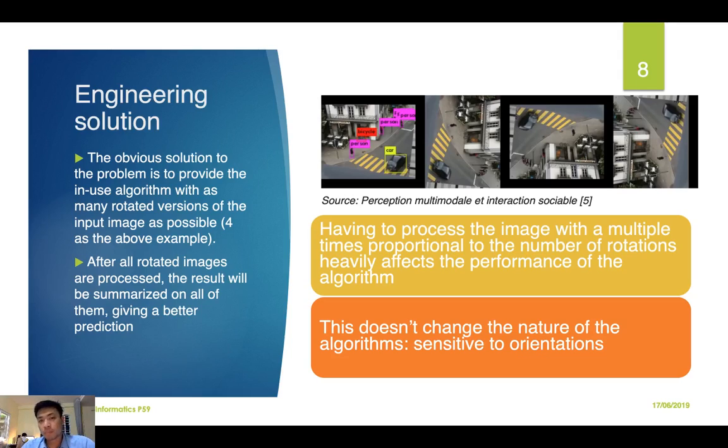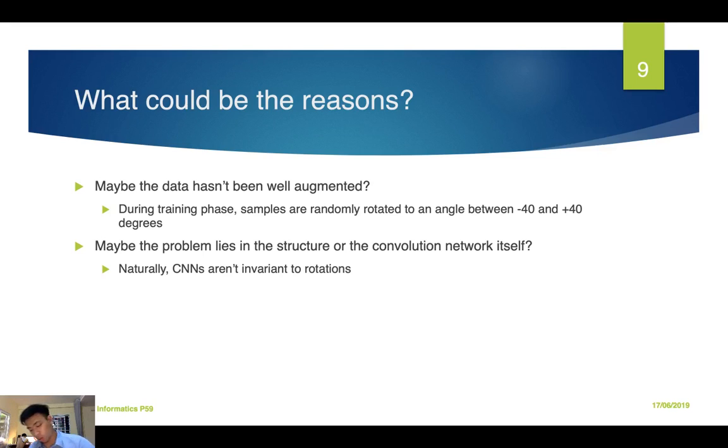And at the same time, this doesn't change the nature of the CNN, that it is not invariant to rotations. What could be the reason for CNN not being invariant to rotations? Maybe the images haven't been augmented enough.